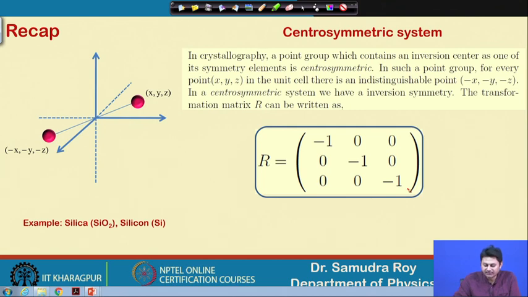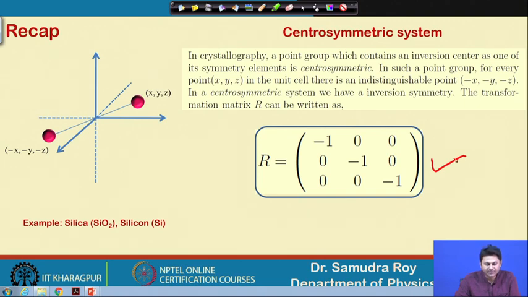You can readily see that if R is written in this particular form and operates over some x, y, z, as a result we will get minus x, minus y, minus z. So there is a symmetry operation, and the point at minus x, minus y, minus z is indistinguishable. Silica and silicon are a few materials which are examples of centrosymmetric systems.